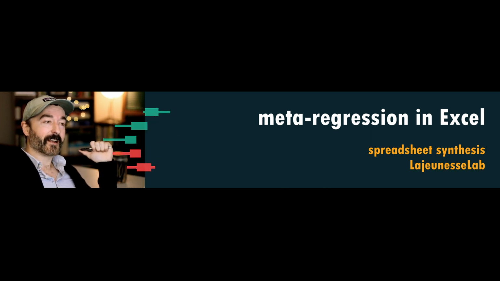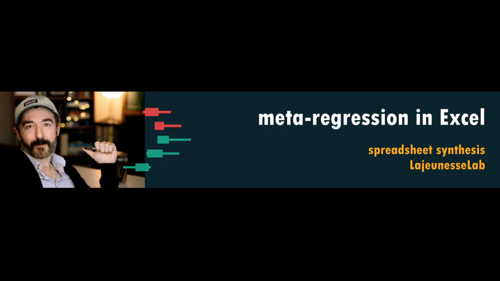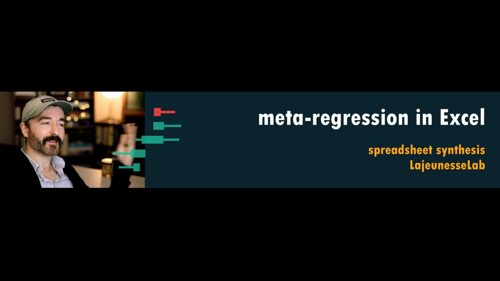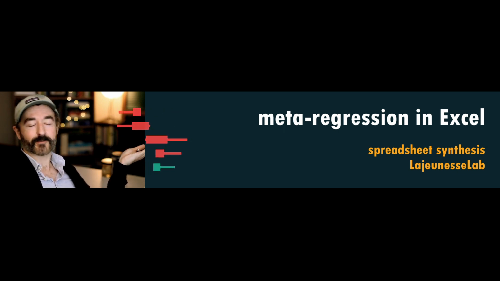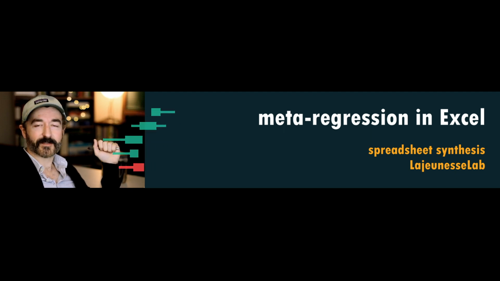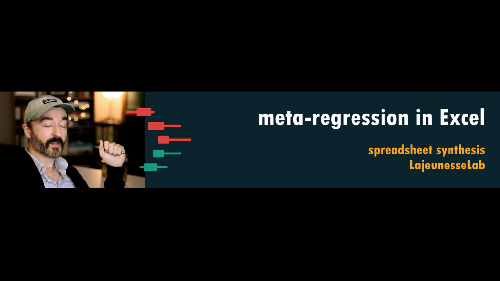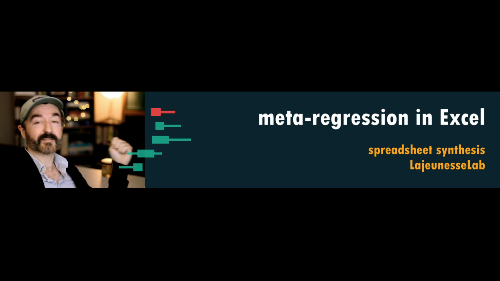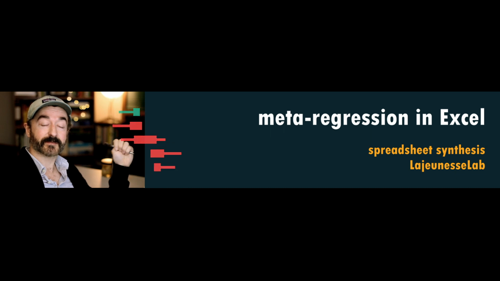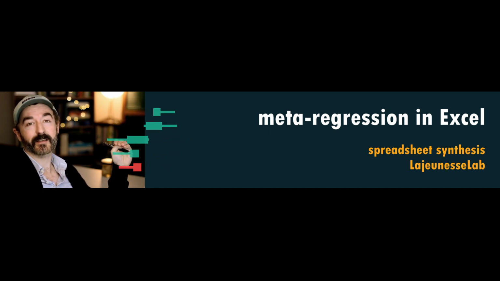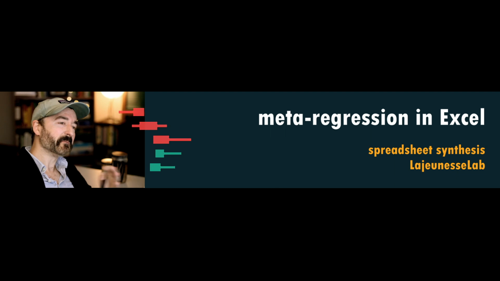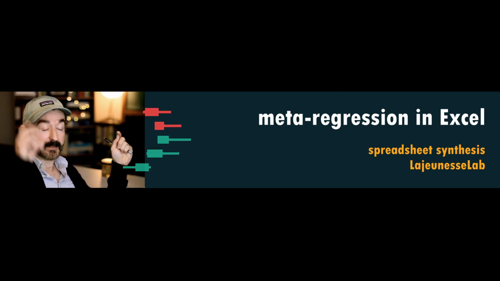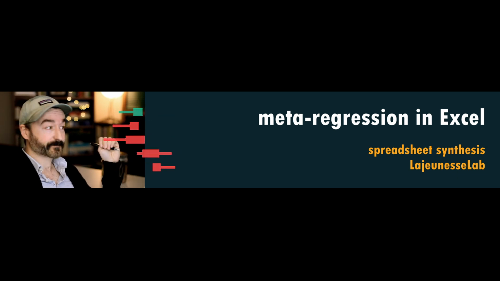And to do that kind of stuff, the matrix algebra really helps out because parsing out all the equations for that can be difficult, whereas using matrices to describe how things relate to one another really simplifies the estimation of things you want from a meta-regression, which is typically the intercept and slope, all the usual fixings that you want with a regression model, but now you're doing it with effect size data.